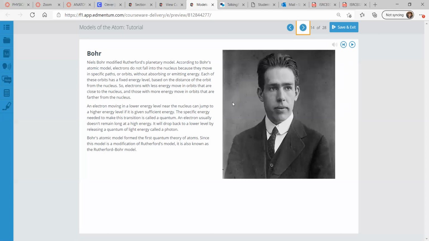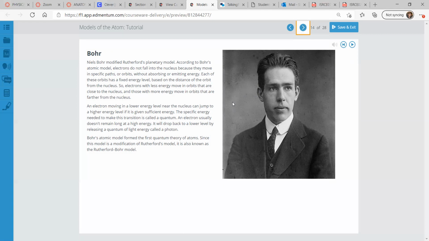And that brings us to Niels Bohr. He was Danish, and he modified Rutherford's planetary model. According to Bohr's atomic model, electrons do not fall into the nucleus because they move in specific paths or orbits without absorbing or emitting energy.